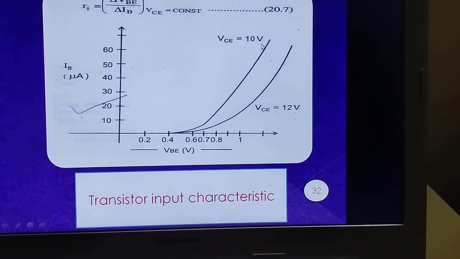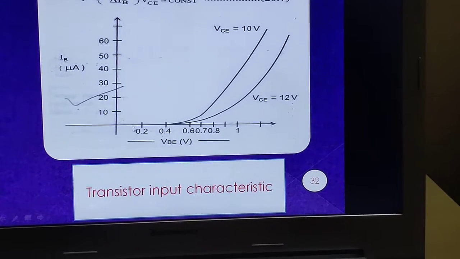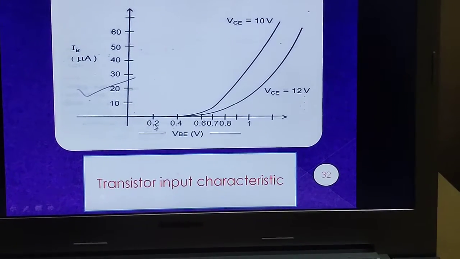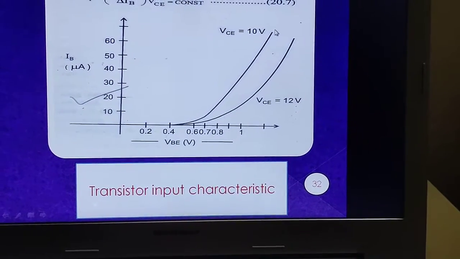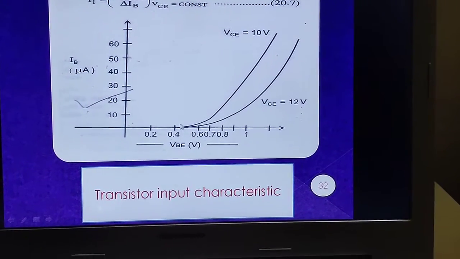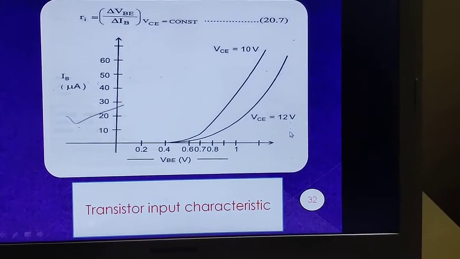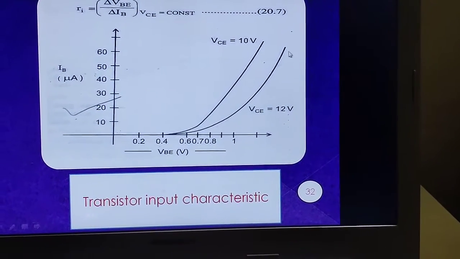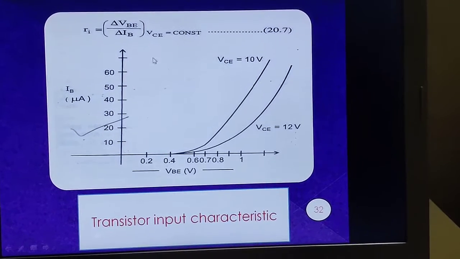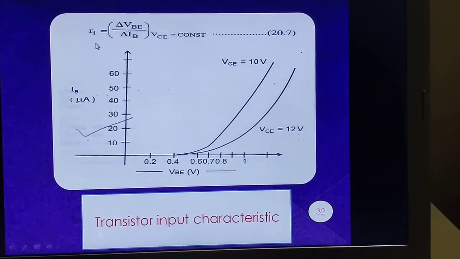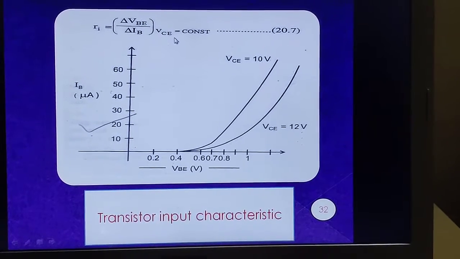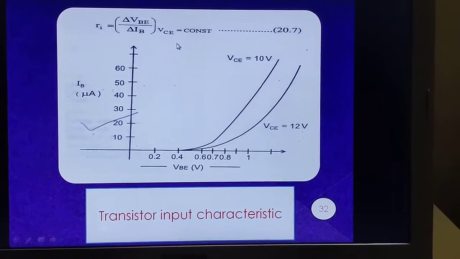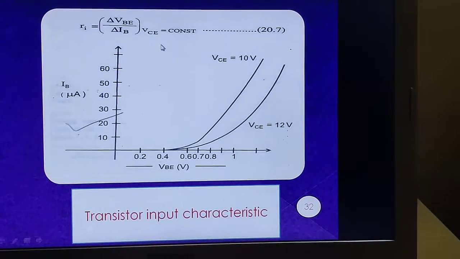In the first step we keep VCE equal to 10 volt, and we go on giving VBE in steps of 0.2, 0.4 and so on, and we get this particular graph like a usual PN junction diode. Second step, keeping VCE equal to 12 volt, we get this particular nature of the graph. So here we have Ri, the ratio of delta VBE to delta IB at VCE constant. This is the dynamic input resistance of the transistor.